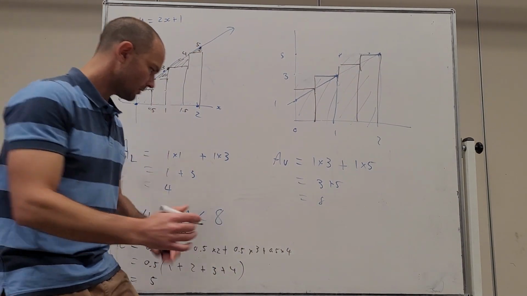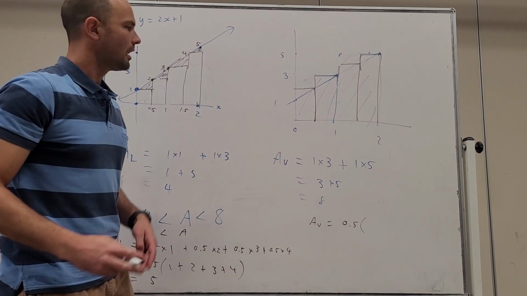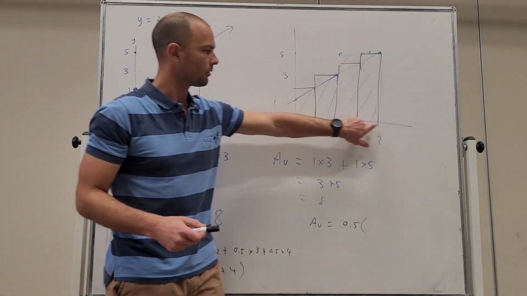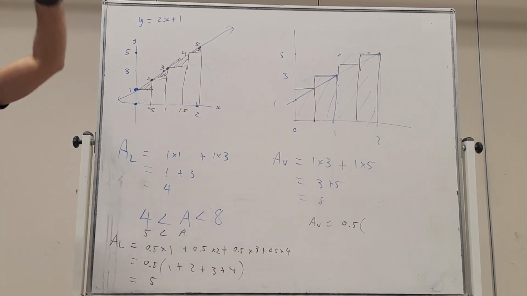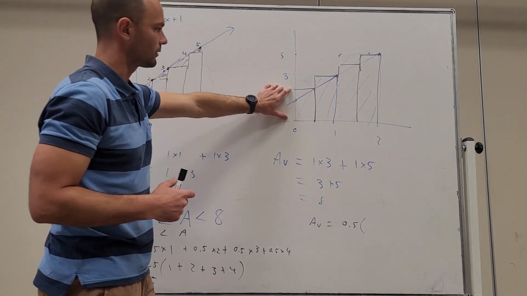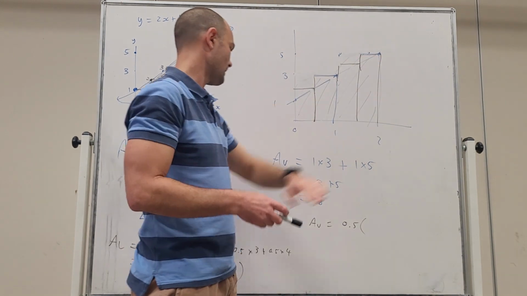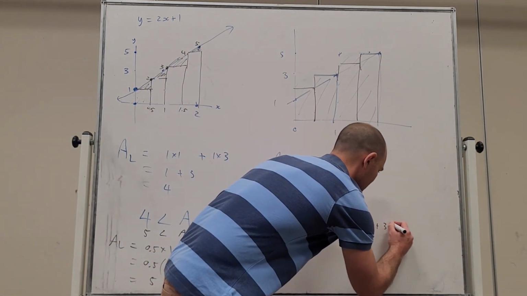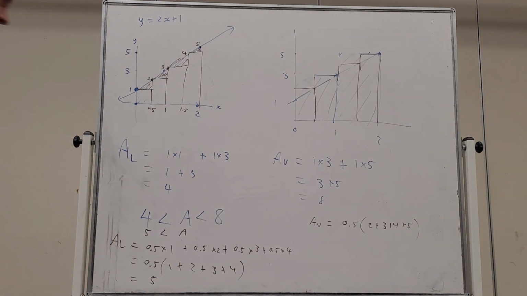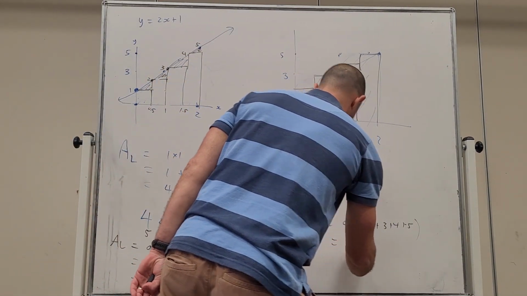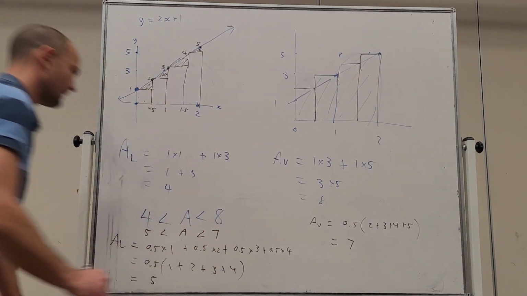Let's do this upper estimate in one go because we're smart people, and we know that 0.5 is the width of all the rectangles, so we're going to factorize that out the front, and then we just have to add the heights of the rectangles. The first rectangle has a height of 2, then 3, then 4, then 5. So we have 2 plus 3 plus 4 plus 5. What's that? 14, and half of 14 is 7. So now our area is between 5 and 7.